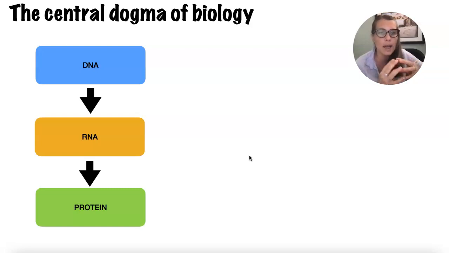I want to do a 1 second connection with some terminology that we covered during genetics. Remember that DNA, this part here, is your genotype, and the protein is your phenotype.